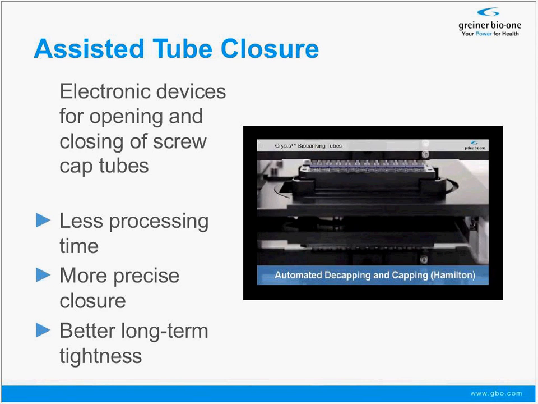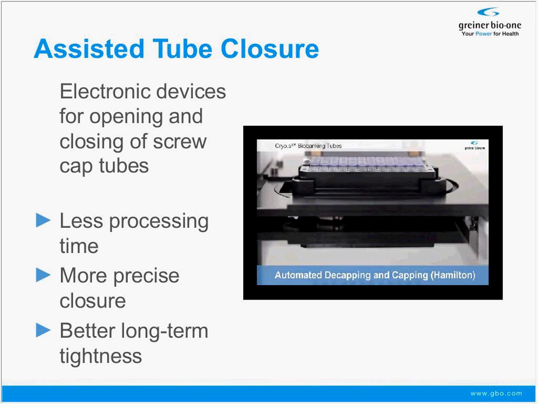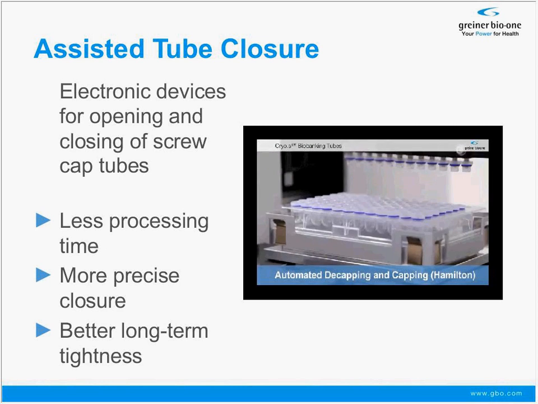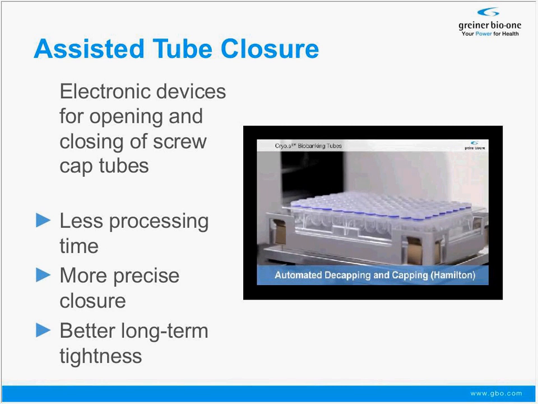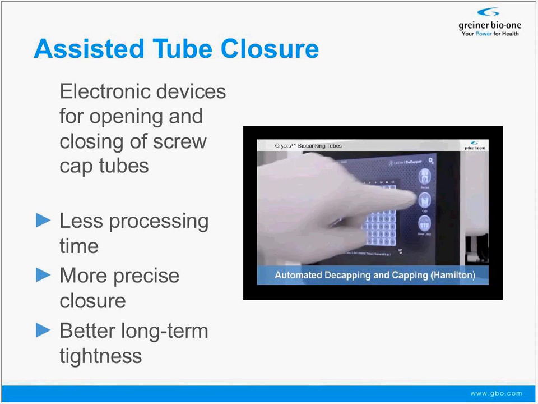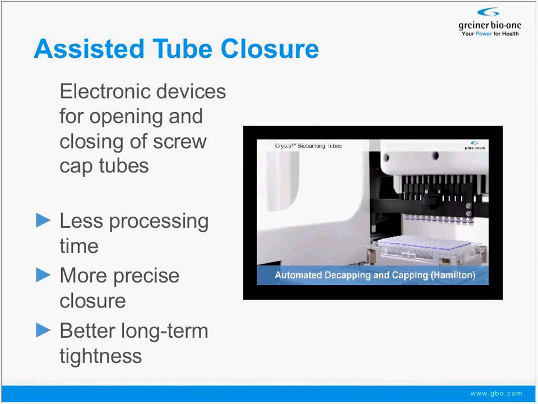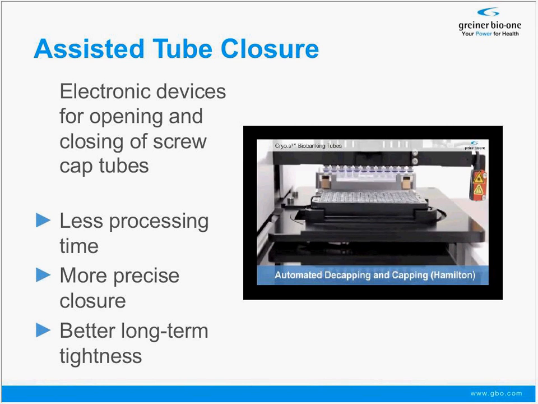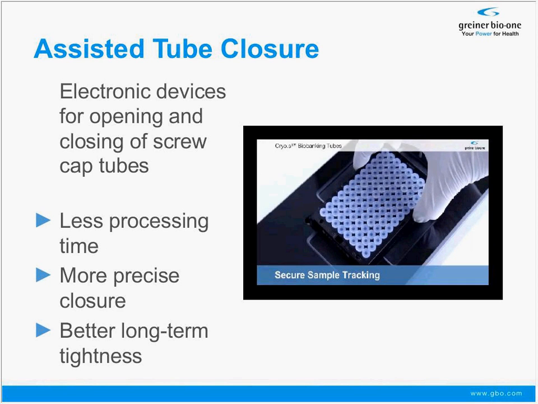It does it in this case twice, so 12 tubes are opened at once and then the screw caps are unscrewed and put down in 96 well plates which serve as a cap carrier in this device. Once the tubes have been opened, you can do your aliquotation or whatever, and then the screw caps can be reapplied. Reversing the process, this is what you see right now.